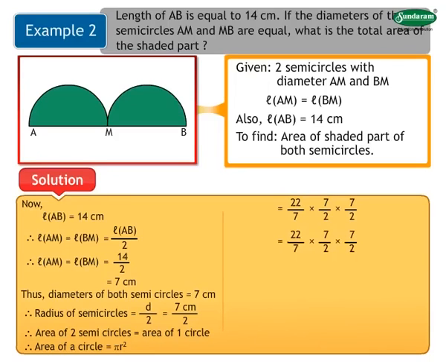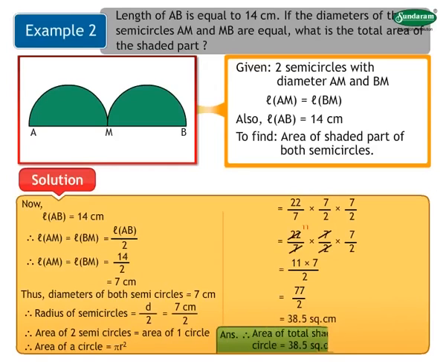By reducing, we get the area of the circle as 77 upon 2, which is 38.5 square centimeter. Thus, the area of the total shaded part is equal to the area of one circle, which is 38.5 square centimeter.